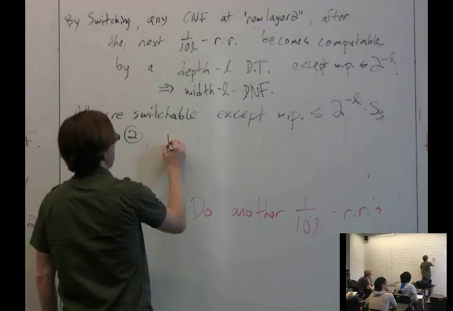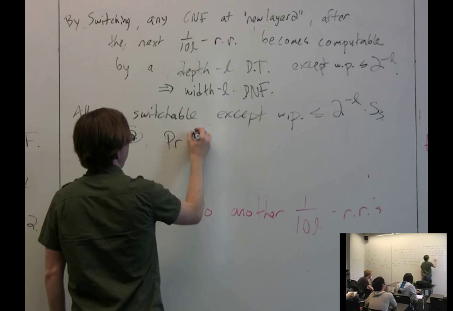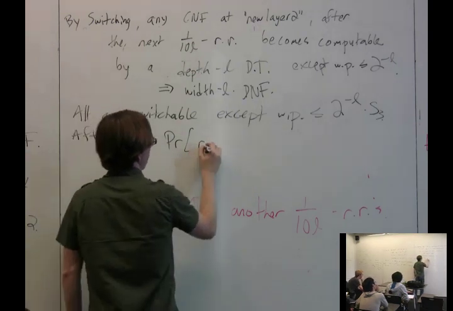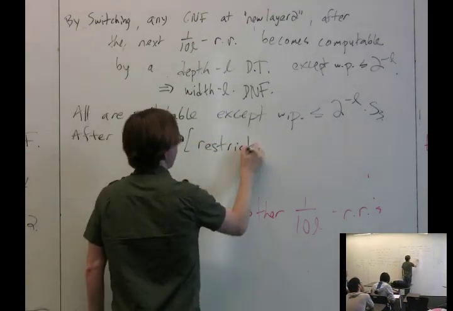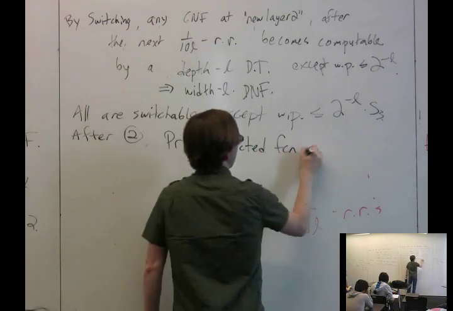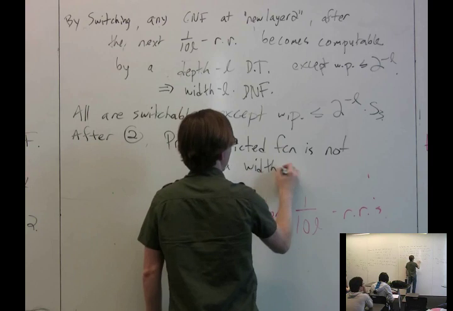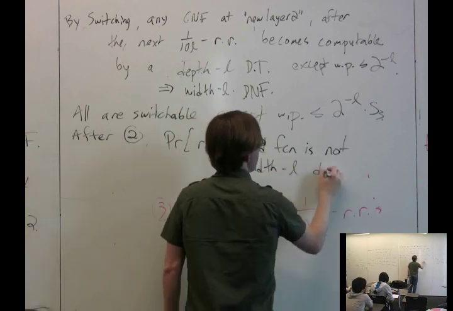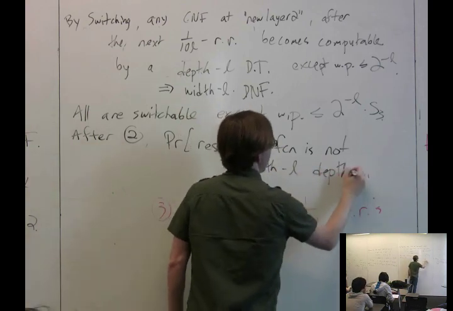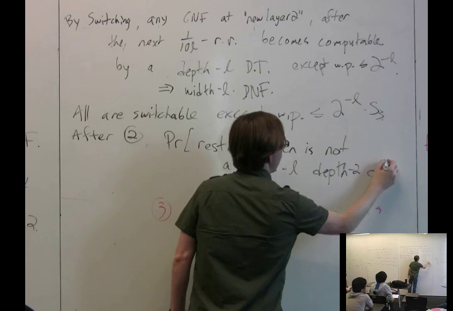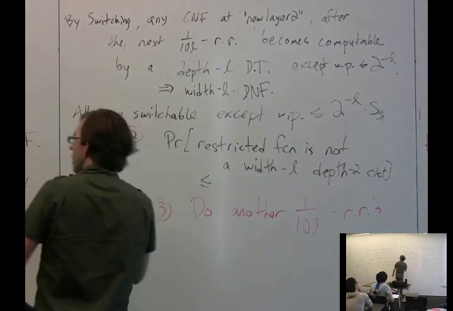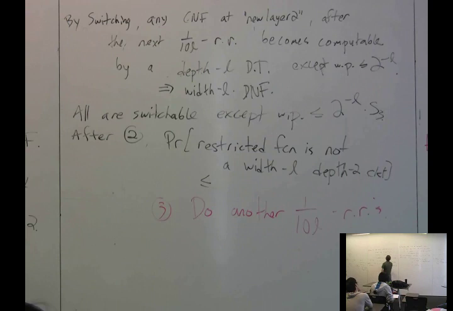Okay? Probability that the restricted function is not a width L depth 2 circuit is at most just the sum of all of these things.